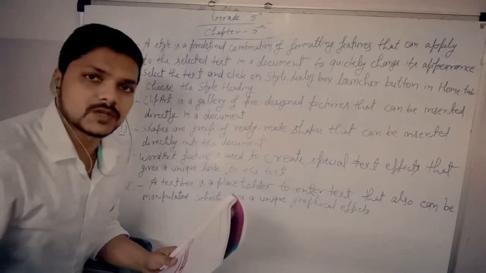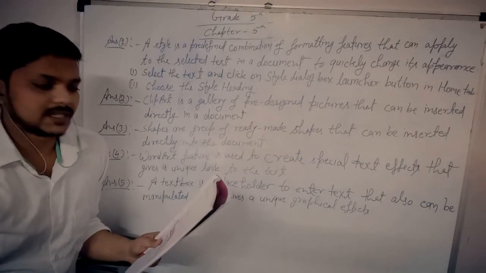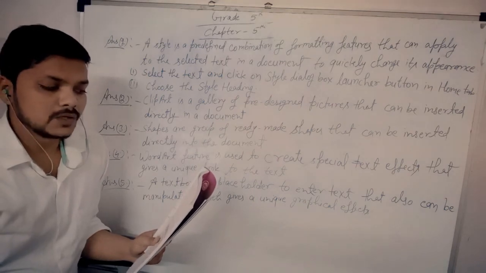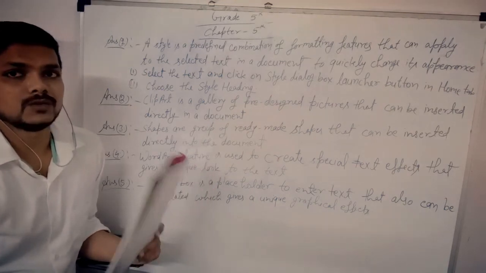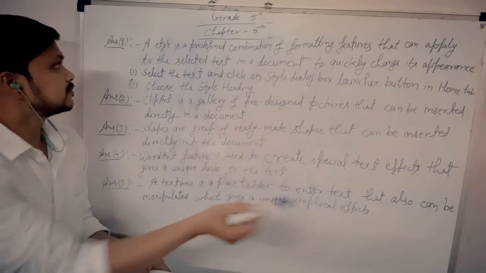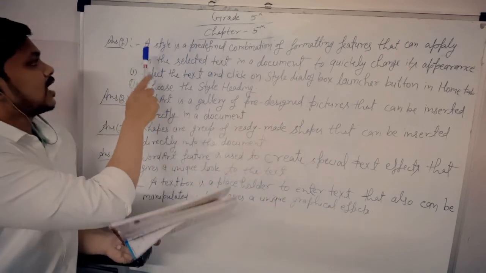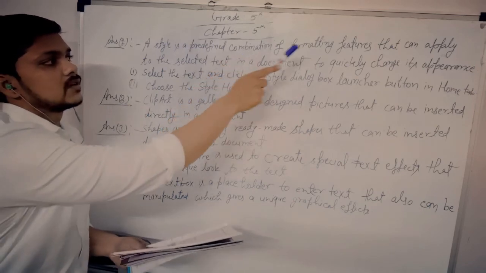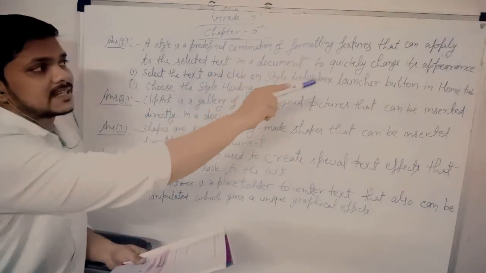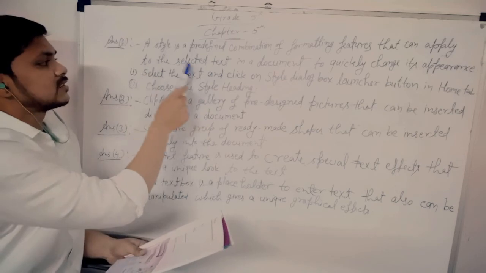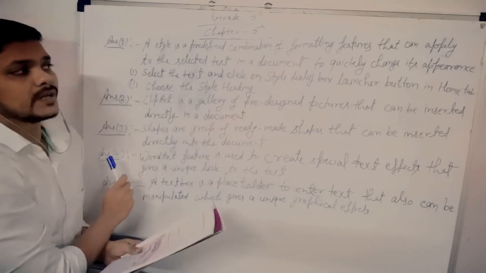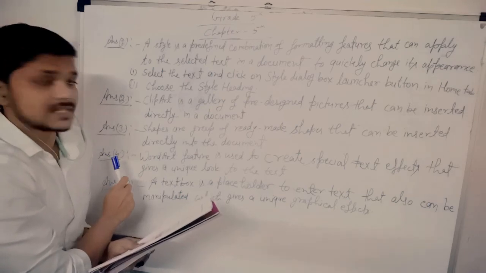Here is the first question on page number 55: what do you understand by style and how will you apply a built-in style to text? I am reading this one. The answer is, a style is a predefined combination of formatting features that can be applied to the selected text in a document to quickly change its appearance.